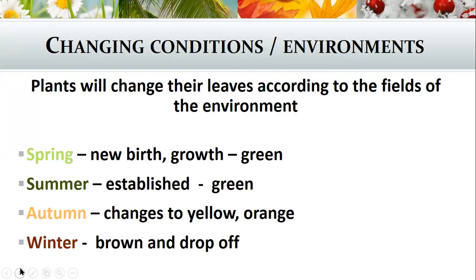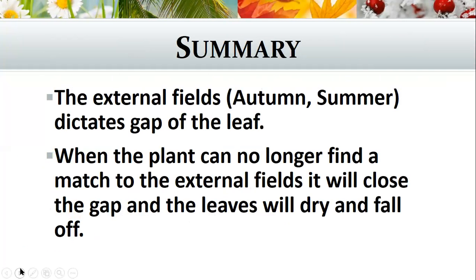Autumn, we get the changes to beautiful colors of the yellow and orange, and in winter you get your brown and dropping off. So the leaves indicate to us the changes in these environments. So when one looks at the leaf structure itself, these external fields, whether it be in autumn or summer, they dictate the gap of the leaf, and the plant decides that they want to shut down during the autumn and winter period and just go to sleep.